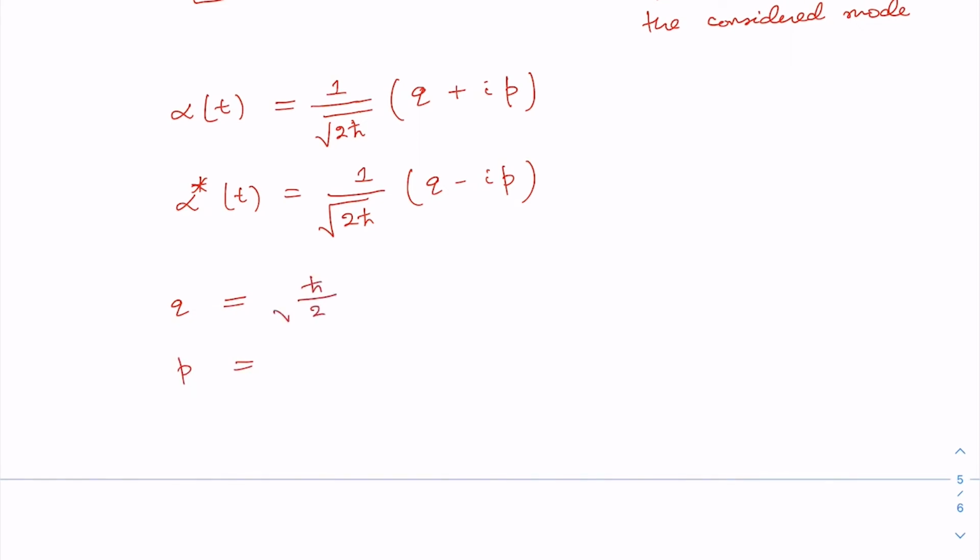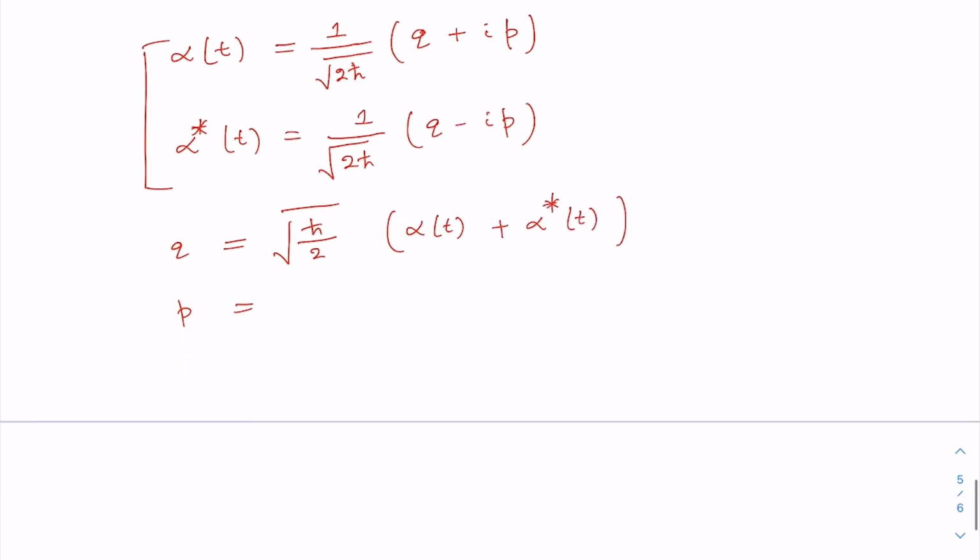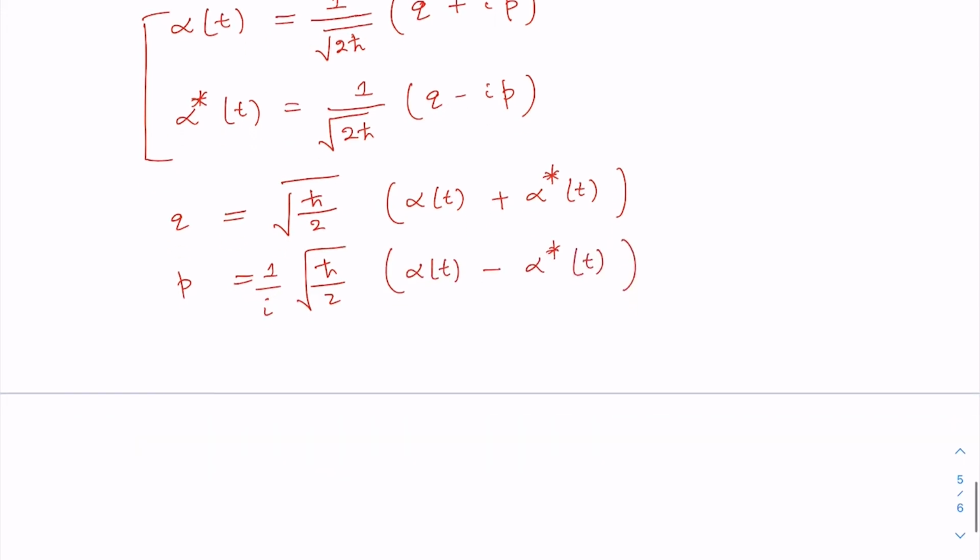It is very easy to get from these two equations. q is equal to root of h cross by 2 times alpha of t plus alpha star of t, and p would be root of h cross by 2 times 1 by i, alpha of t minus alpha star of t. You can easily verify it yourself.